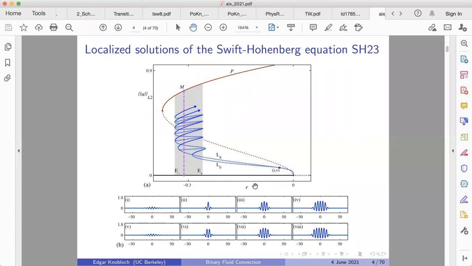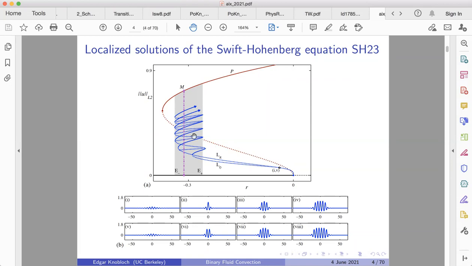And there is a critical value of R, R equals 0, at which the trivial solution, which is u equals 0 in solid black here, loses stability. That's indicated by the dotted line here. And that bifurcation produces a periodic structure. And that's the red curve here. Now, the initial bifurcation is subcritical, and that would be the case in the fluid problem as well.